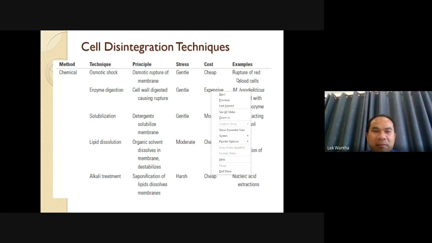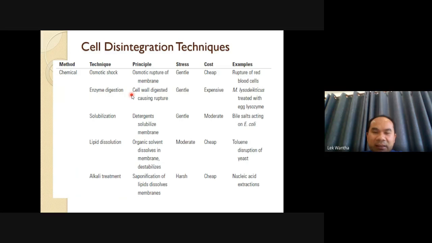And another technique we call enzyme digestion. For this case, we add some enzyme to break the cell wall. The condition is gentle, but the cost is expensive, because the enzyme is expensive.